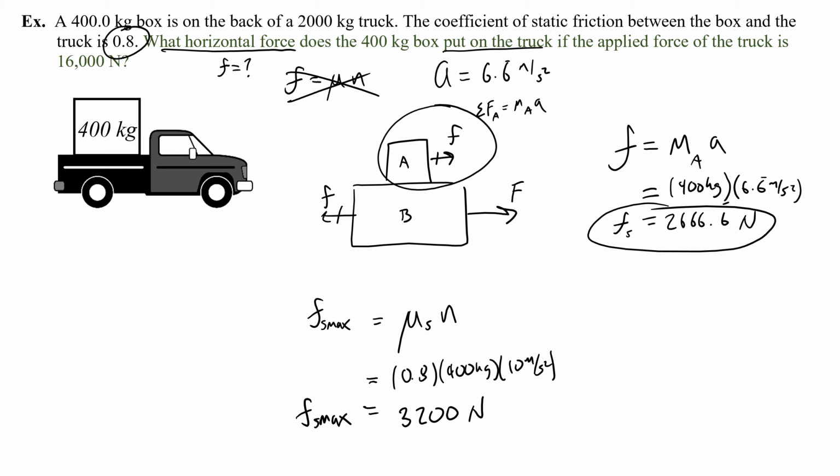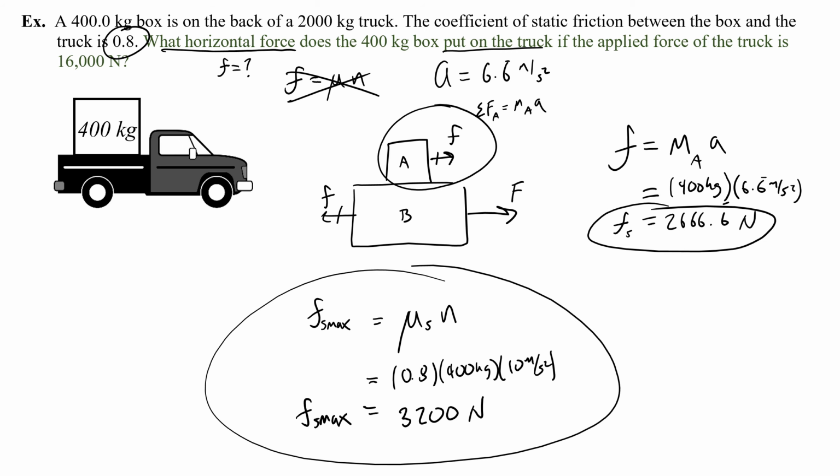So here's why we couldn't use this equation to solve our problem. The acceleration of the truck from this 16,000 newton applied force is not enough to actually reach the maximum static friction. 2,666 newtons is less than the maximum.